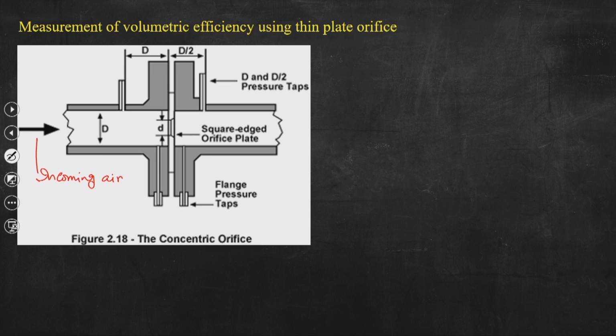This air is coming through this tube or pipe or manifold and going to the engine cylinder. In between we have this thin plate orifice, and you can see this is a square edged orifice plate. Probably you have studied the orifice meter in fluid mechanics.